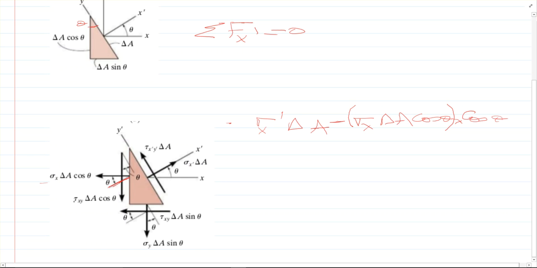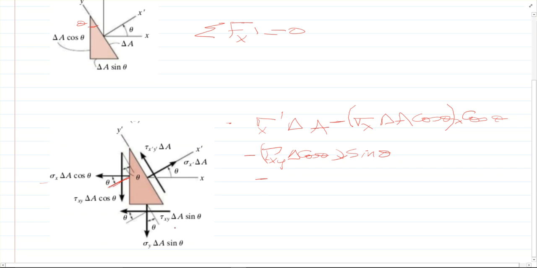Similarly with the shear, again the shear will be opposite, so it will be minus tau xy delta A cos theta, that is the force. To get this component, we transform and multiply by sine theta.